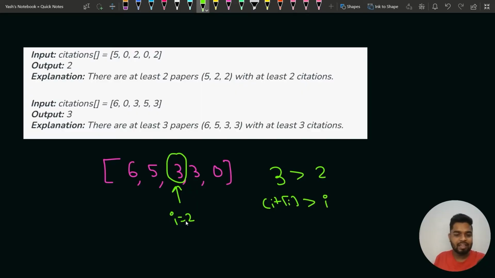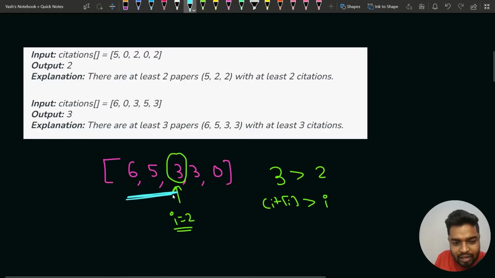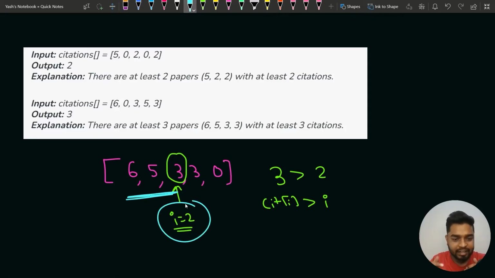So this means that if I am at this particular index and the citation of I is greater than the ith index itself, then there are at least I plus 1 papers that have citation at least I plus 1. Because if you observe here, all the papers on the left side of this index have greater citations, because we have sorted the array in decreasing order. So for any particular ith index, the elements on the left side will have higher citation value.